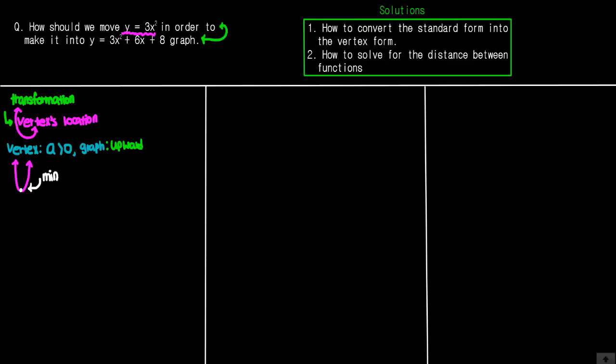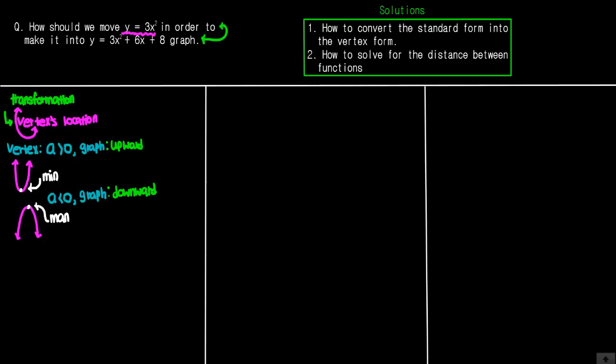And the second case is where the a value is less than 0, which means when the a value is negative, the quadratic function's graph will go downward. When the graph goes downward, for example, something like this, it will only contain a maximum point, which we also call the highest point of the quadratic function.